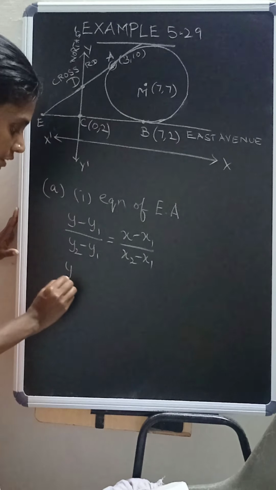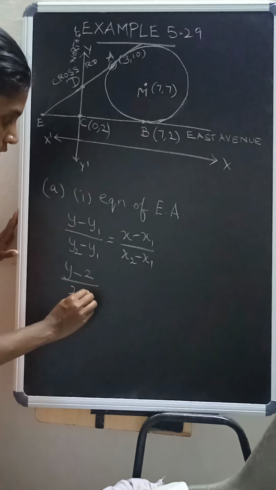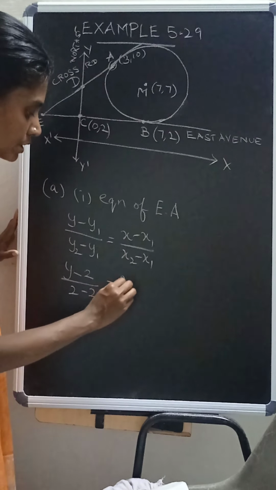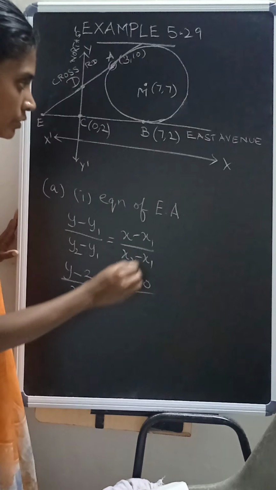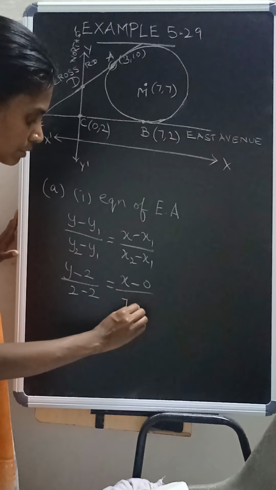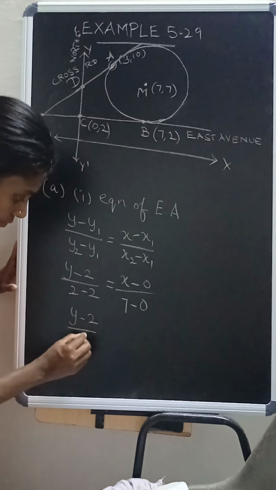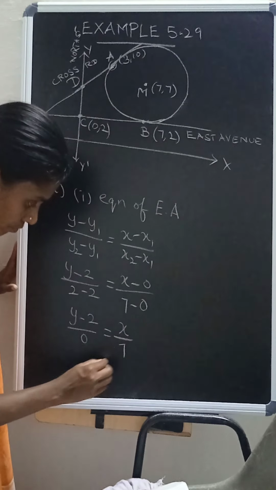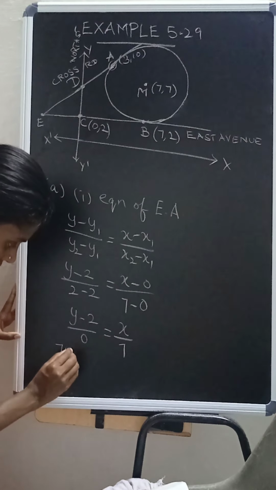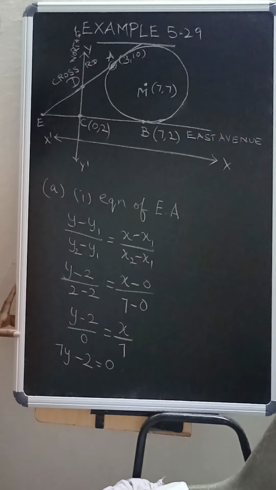So now substitute the values. (y minus 2) by (2 minus 2) is equal to (x minus 0) by (7 minus 0). Cross multiply: 7 into (y minus 2) is equal to 0.